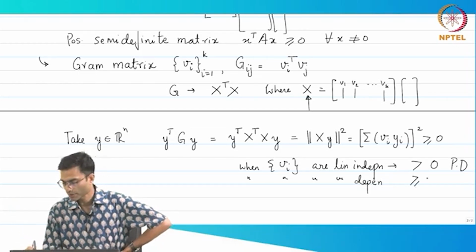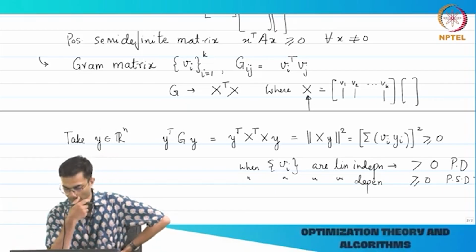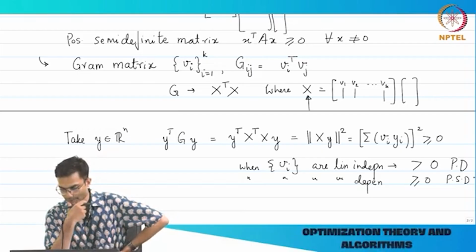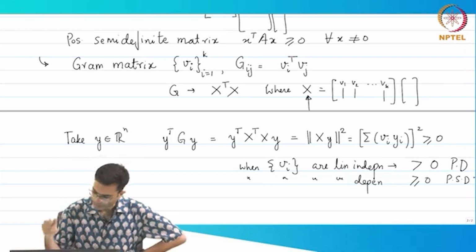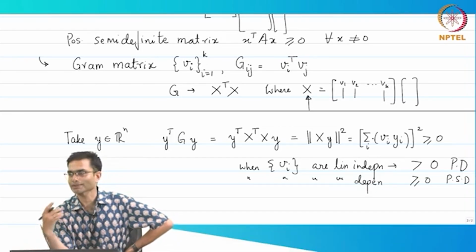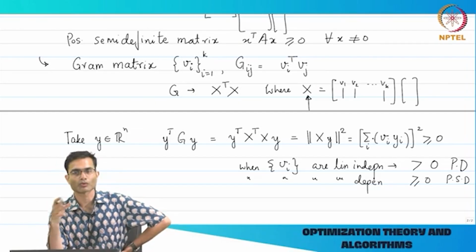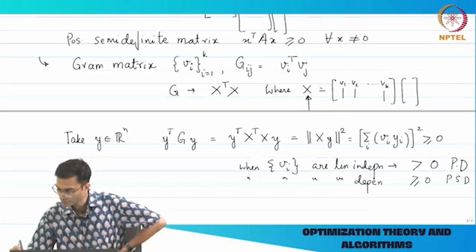So this will become greater than or equal to 0, positive semi-definite. Okay. Any questions on this? So this is a very simple kind of practice exercise for us to get familiar with positive definite, positive semi-definite, and how I multiply vectors and matrices and so on.